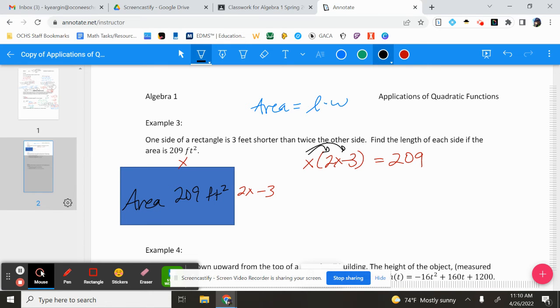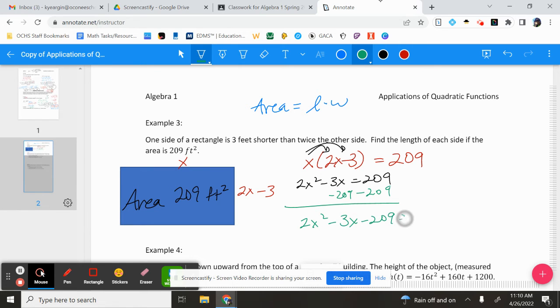I'm going to start by distributing the x to get 2x squared minus 3x equals 209. I like using the quadratic formula because I know that it's going to work every single time. So I need to make this problem equal 0. I'm going to do that by subtracting 209. So 2x squared minus 3x minus 209 equals 0.